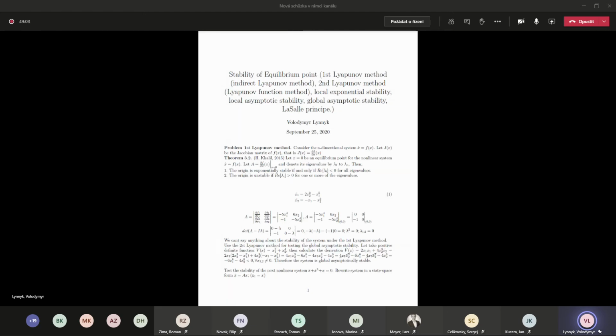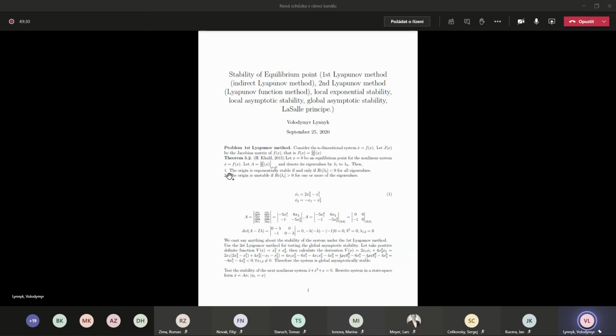Theorem 3.2 from Khalil's book: let x equals 0 be an equilibrium point for the nonlinear system x dot equals f(x), and let A be this Jacobian at 0, and denote its eigenvalues by lambda 1 to lambda n.